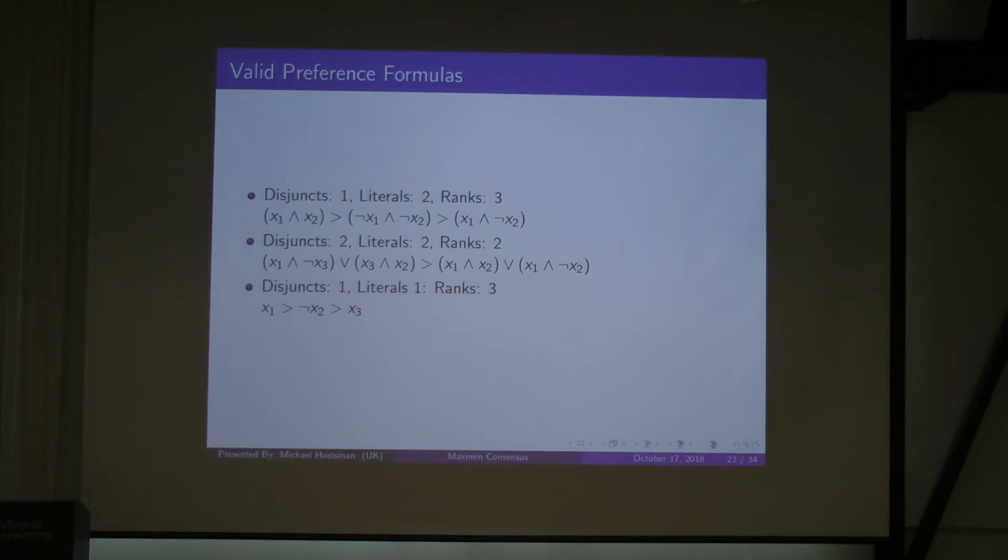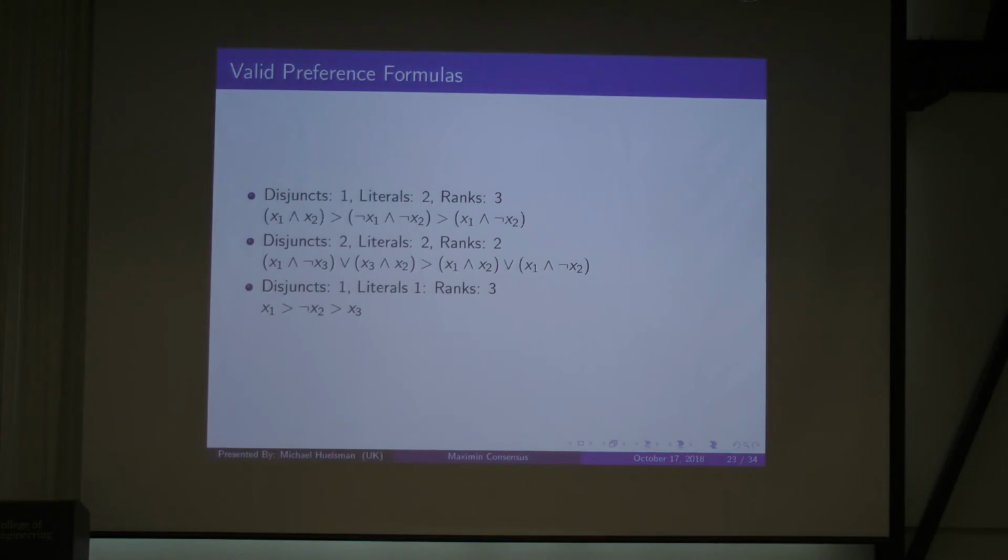In this case, we're also assuming that they're all binary, just to simplify the representation. And we have 3 ranks, which means that we have 3 expressions, and all the expressions are of the same form. And then, of course, we can get more complicated. If we have 2 disjuncts, then we have 2 of these ANDed things, and they're ordered together. And of course, we can just go real simple: 1 literal, 1 disjunct, everything.